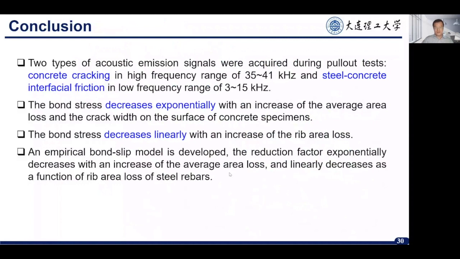Finally, an empirical bond-slip model is proposed to fit the bond-slip curves, and the reduction factor decreases exponentially with eta 1 and linearly with area loss of steel ribs.